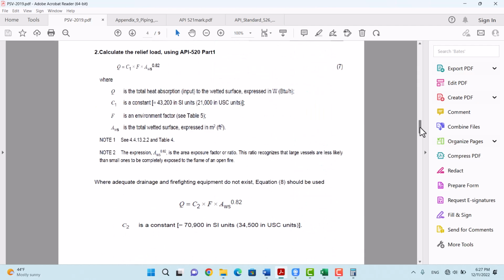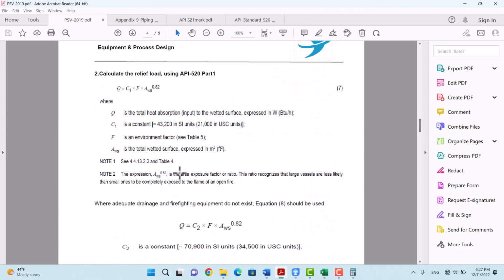Then, based on API, at first we calculated the total amount of heat absorbed by the vessel by using this equation. Of course, we had this equation and these equations, but we followed the second equation since it was more conservative. We didn't take into account any fighting equipment or drainage systems.